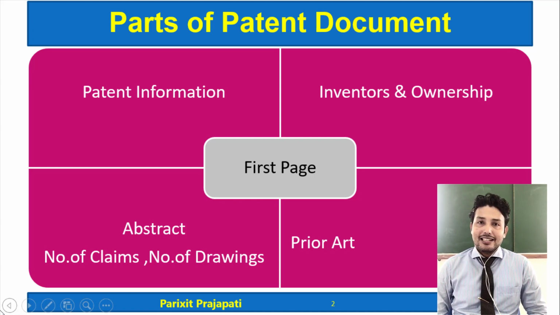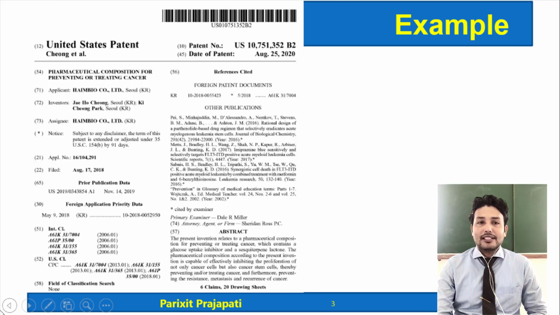So, let us understand this with an example. Here, this is an example of a US patent. So, the first page of any document looks like this. We are trying to understand what each part contains.